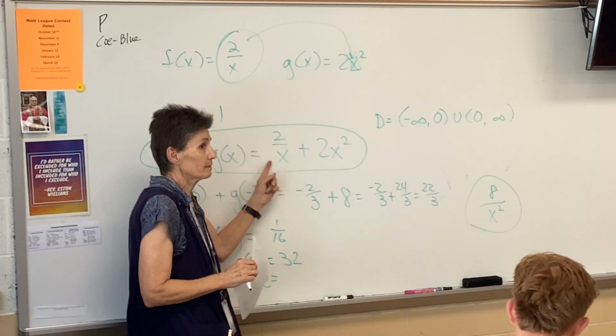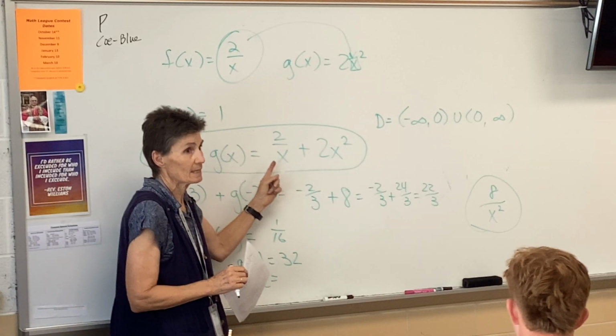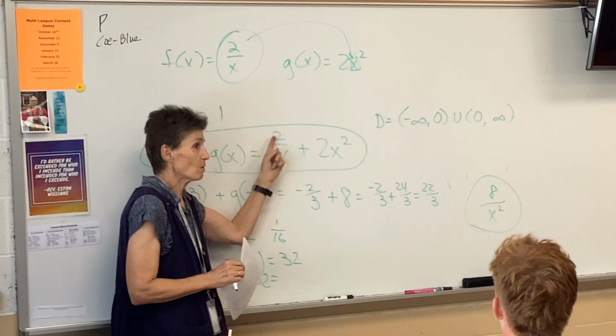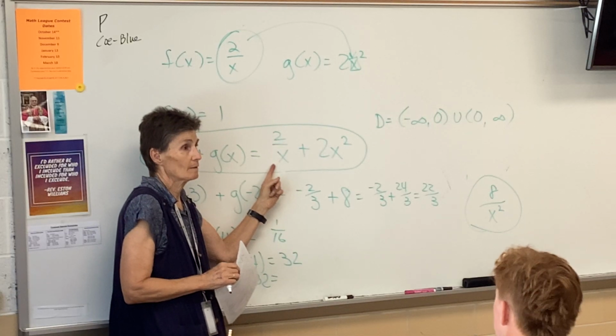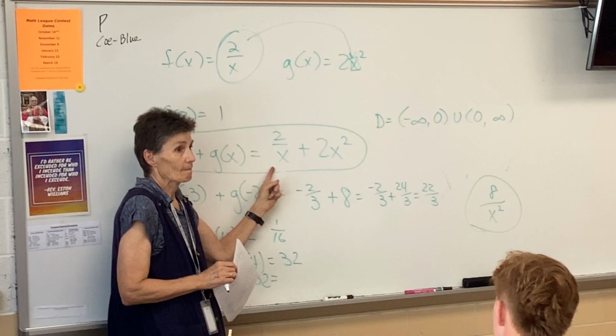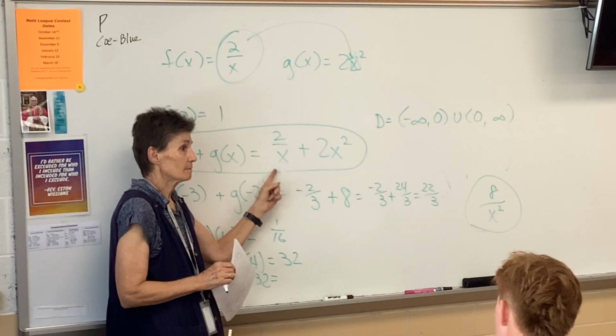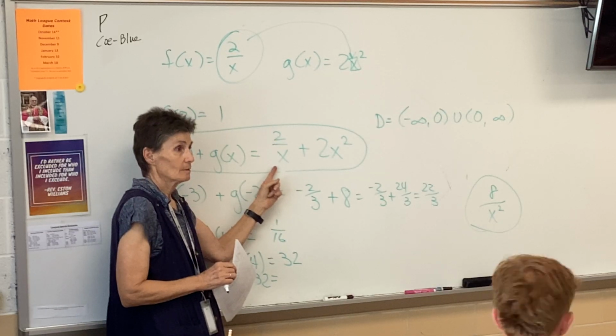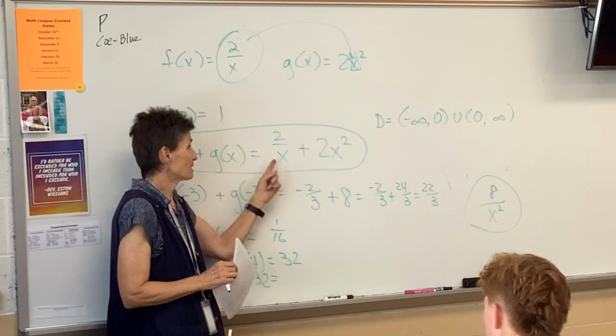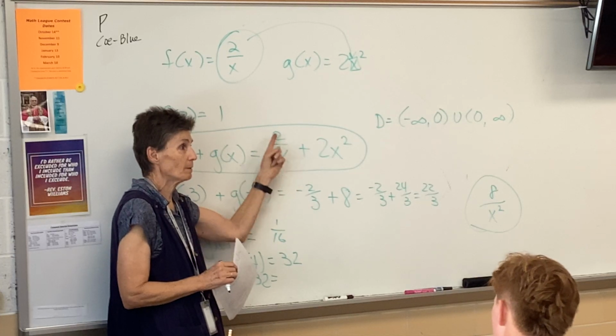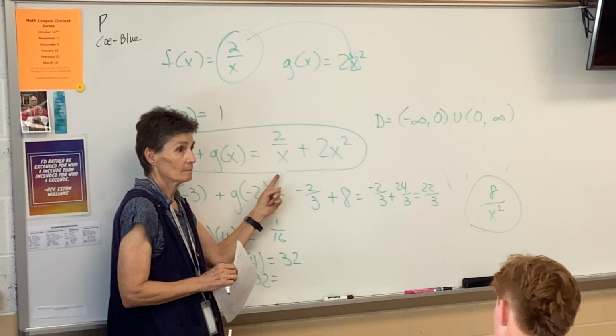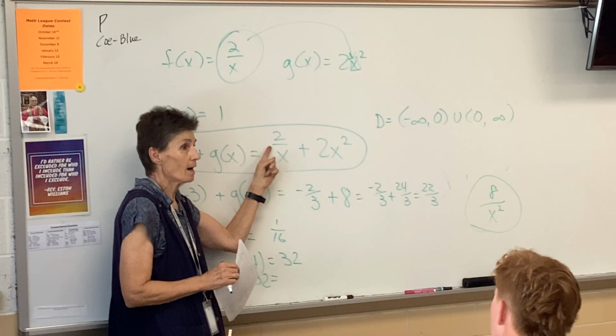This is a tricky one, because this messes everything up. Does this have a horizontal asymptote? What's the biggest power of x I have in this problem? 1? Do I have any x's on the top?